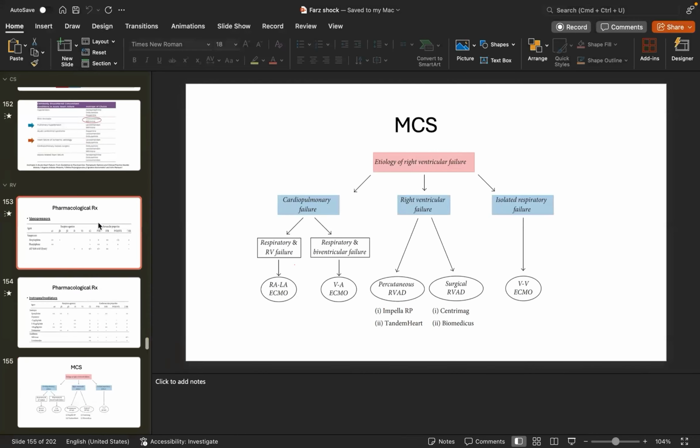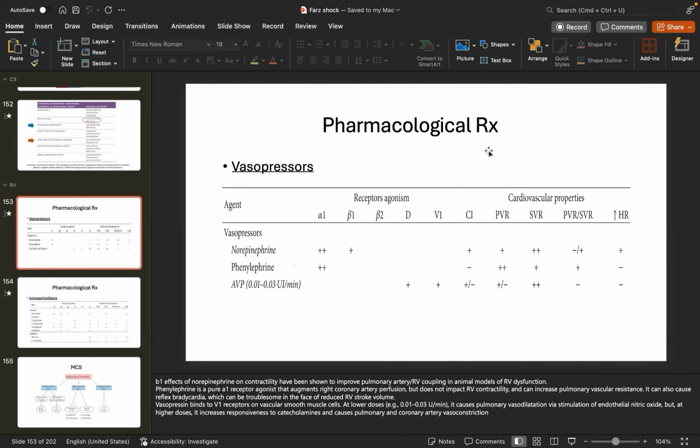So the thing is, if you look at the vasopressors, the vasopressin, AVP, arginine vasopressin, has an SVR increasing effect, pulmonary vasorelaxant effect at a very low dose or probably no effect. So vasopressin does not increase the pulmonary vascular resistance and therefore it has an RV protective effect.